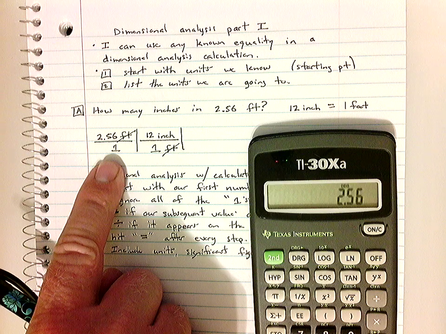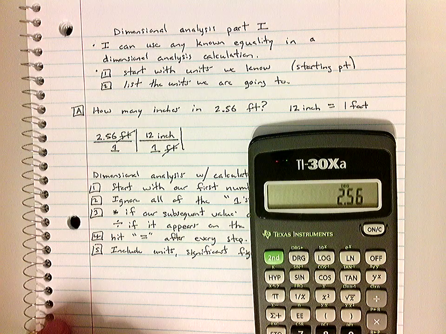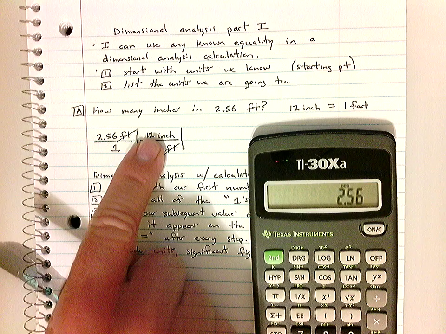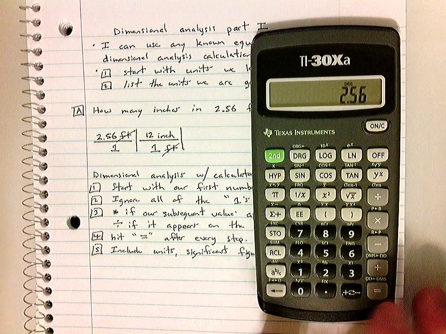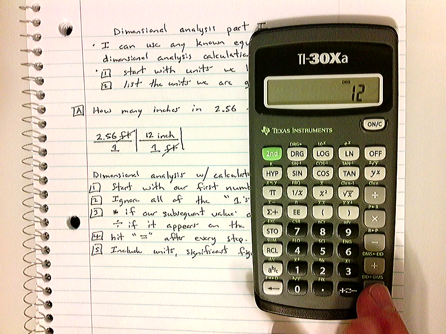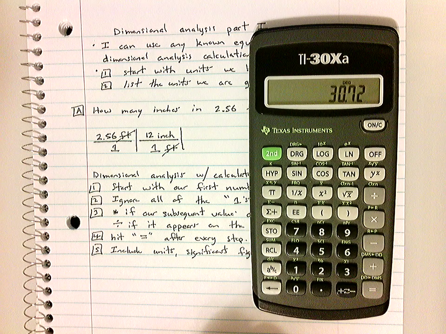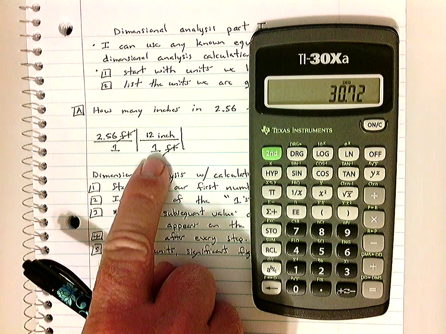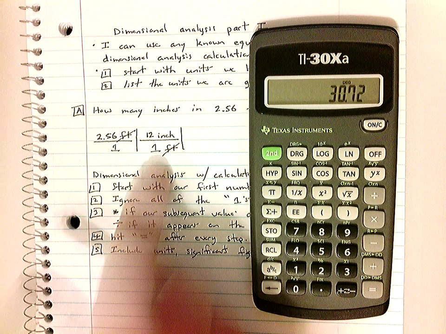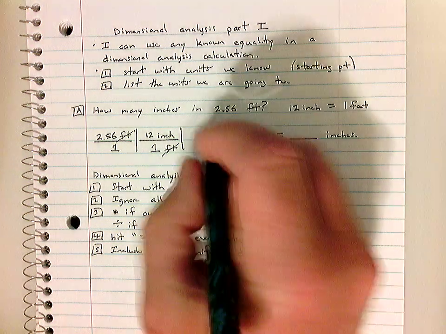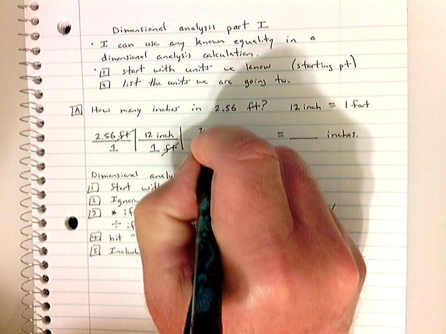We're going to ignore it. Our next subsequent value is 12, and it's on top, so we are going to multiply by 12. And we're going to hit equals. We get 30.72. This number 1 is on the bottom, so we can also ignore it. So our initial answer is 30.72.